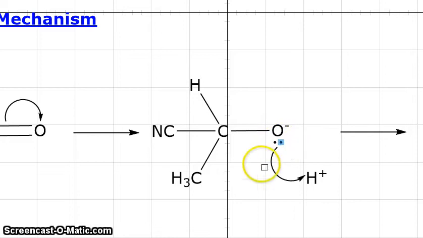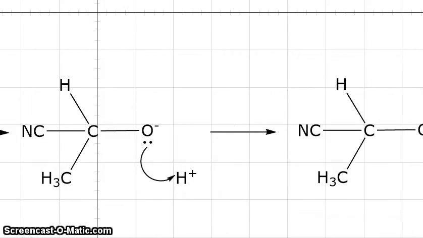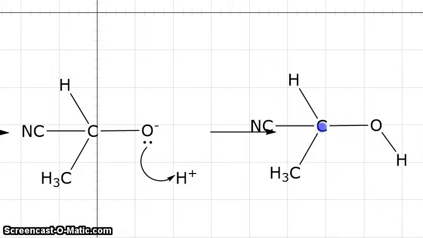And these lone pair of electrons attack a hydrogen ion or a proton, which will be added into the solution at the end of the reaction. If we scroll along a bit further, let me just move my molecule slightly, and then what we see is this: we are left with this molecule which has this CN group, which we now call a nitrile, and it's got an OH, which is obviously an alcohol.